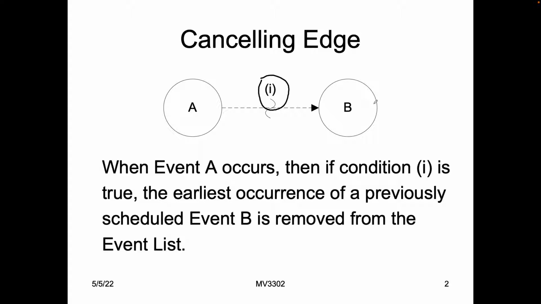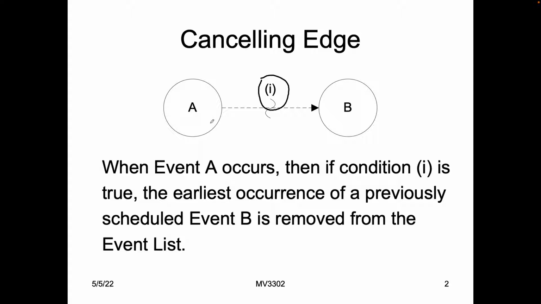Just as a scheduling edge will only schedule 1 or 0 events, depending on the Boolean condition, likewise the canceling edge will cancel 1 or 0 events depending on the Boolean condition. So if there are multiple events B, then only the first one gets removed. That's how it works. If I wanted all of them, I would have to somehow have this event repeatedly rescheduled.